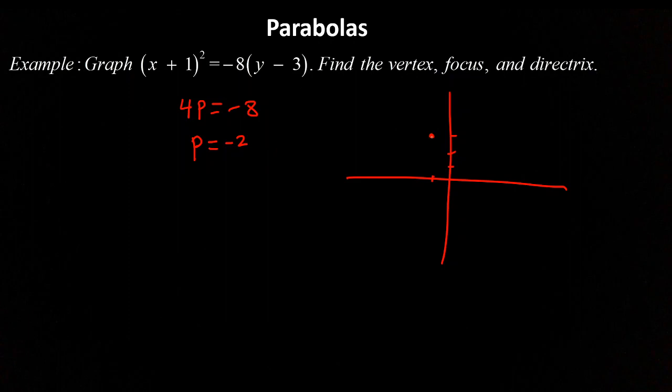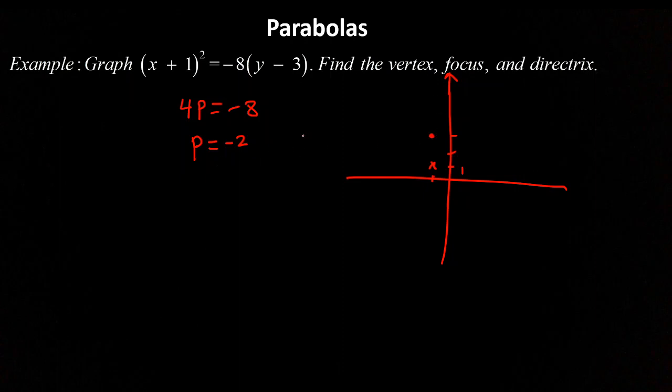So this is the vertex. So I have to go what? And it opens down. So the focus is going to be right here, 2 units below 3, right? 3 minus 2 is 1. And then the directrix would be above this.